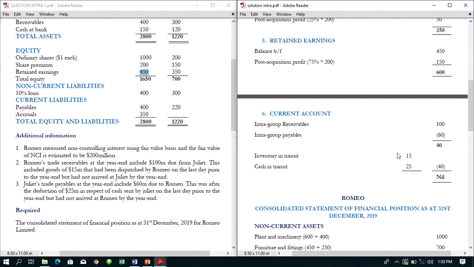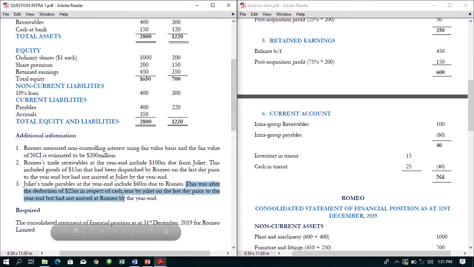If I check again my additional note 3, we are told that this was after the deduction of 25 million in respect of cash sent by Juliet on the last day prior to the year end, but had not arrived at Romeo by the year end. So what is that?